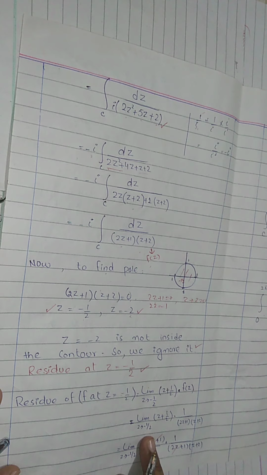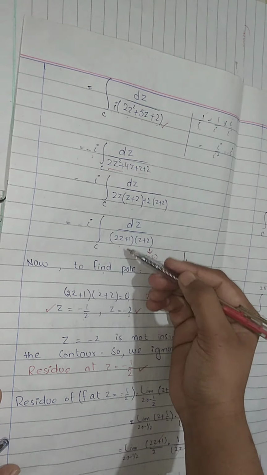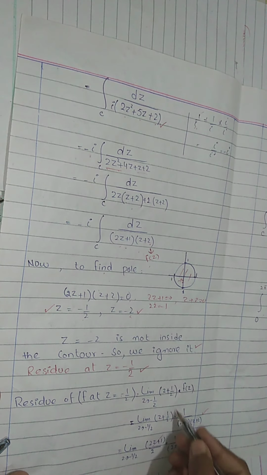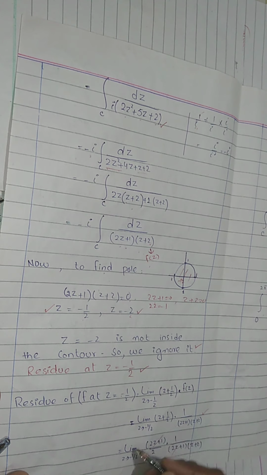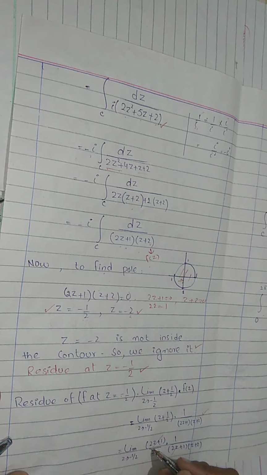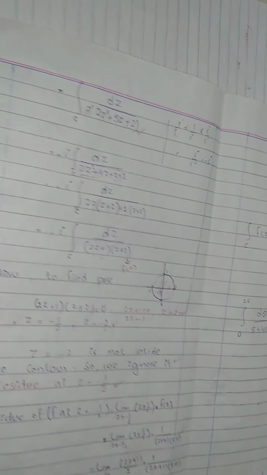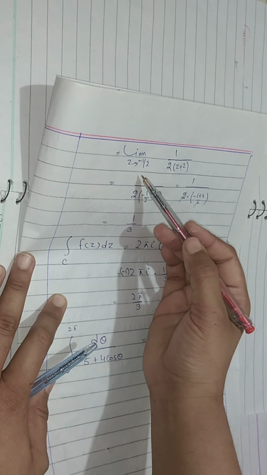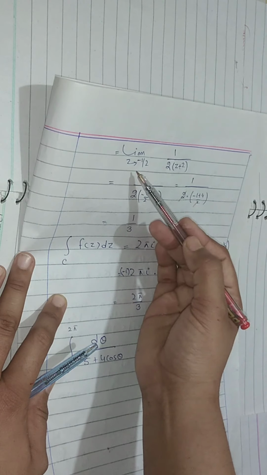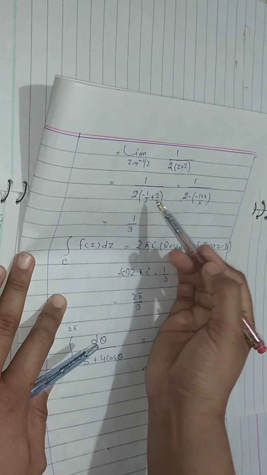The function is 1 over 2z plus 1 times z plus 2. Taking the LCM, z plus 1 by 2 becomes 2z plus 1 by 2, so 2z plus 1 cancels. We have 1 by 2 times 1 over z plus 2. Putting the limit in place of z, we get 1 by 2 times 1 over minus 1 by 2 plus 2.